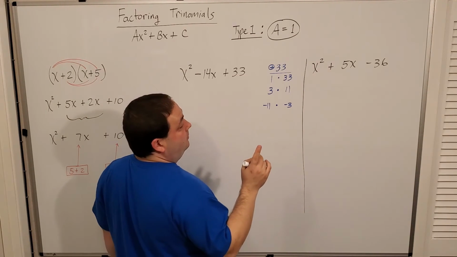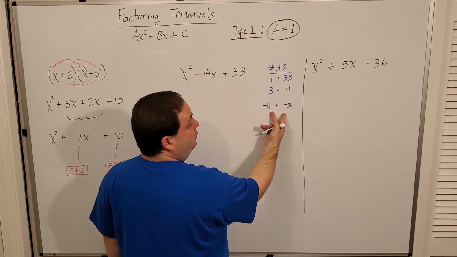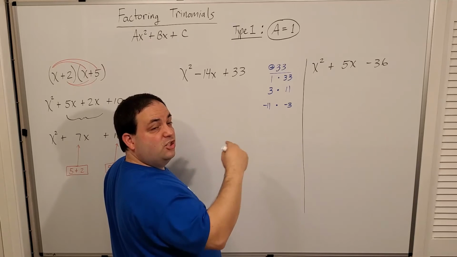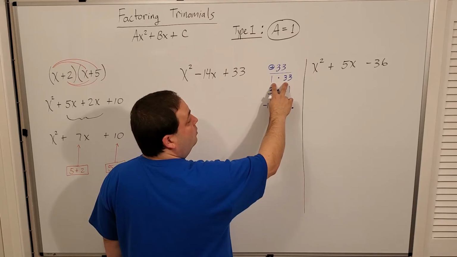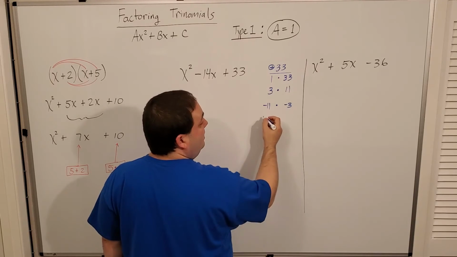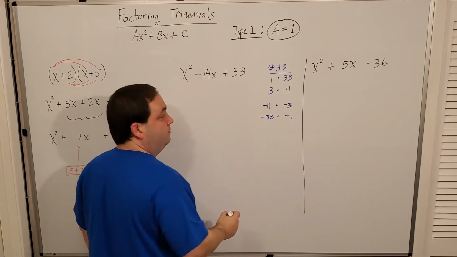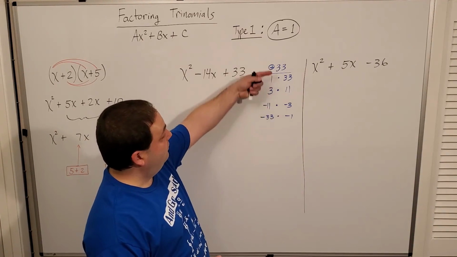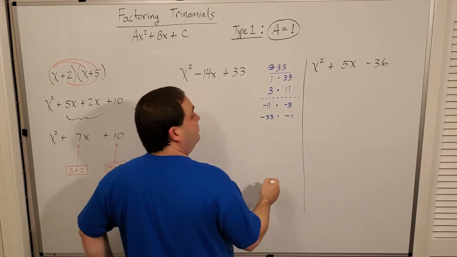And here's the trick. Once you've hit the same number again and swapped over, the list can just start counting down, okay? So since the only other one I had was 1 times 33, that means the only one down here is going to be negative 33 times negative 1. So it's like a mirror image of the, imagine there's a little dividing line here, right?